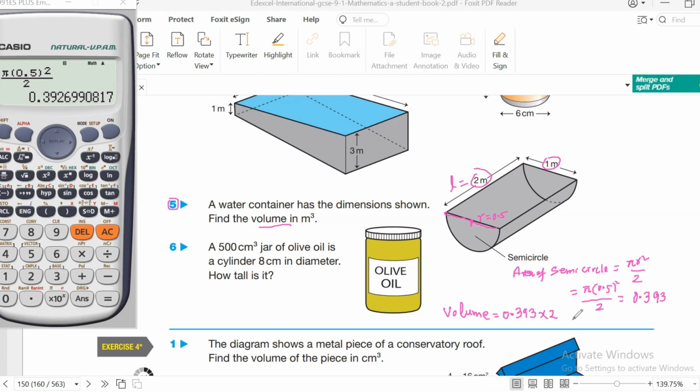So multiply by 2, and that gives us 0.785. So we can write 0.785, and it is in meter cube. This is the required volume of the container. I hope it is clear.